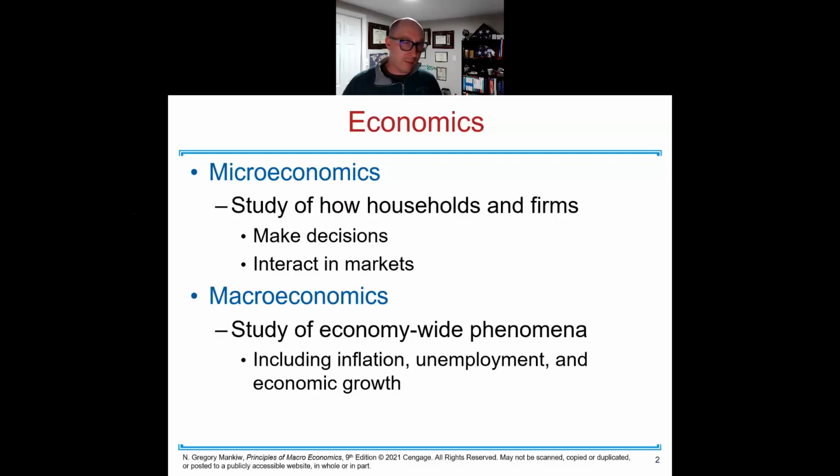We study it from an economy-wide framework, so I'm looking at everything that happens in the United States, and that includes things like inflation rates, the unemployment rate, and the economic growth rate.